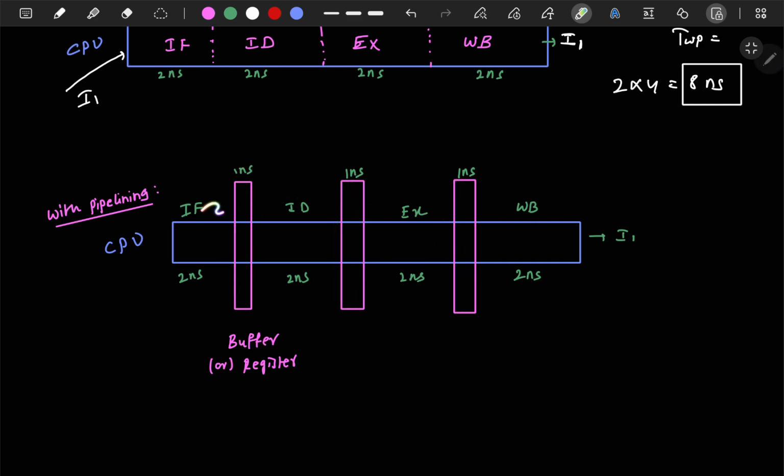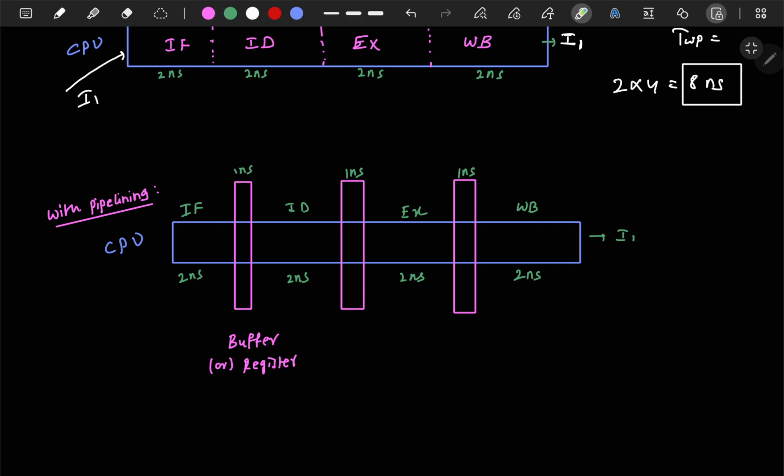Let's see, instruction fetch is already taking 2 nanoseconds, and this buffer also will take some time. Suppose this buffer and register is taking 1 nanosecond. Decode previously was taking 2 nanoseconds, and now the buffer and register takes 1 nanosecond.